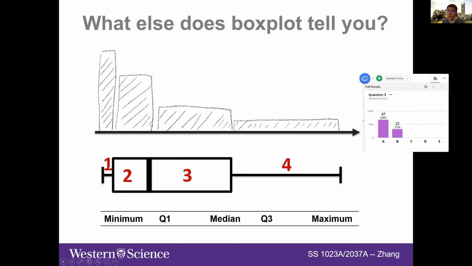So that's why we see the count is decreasing, because we observe the distance is increasing. That's how we interpret this box plot in terms of the distribution.